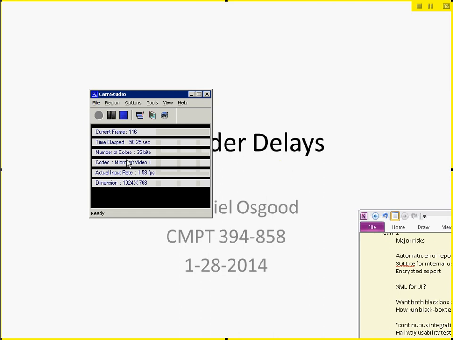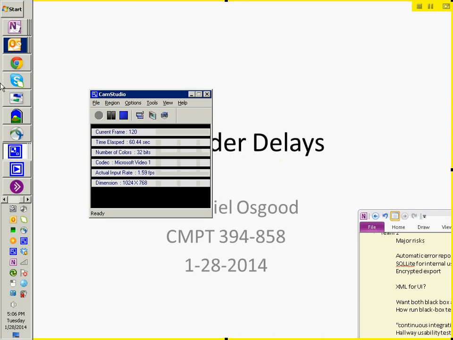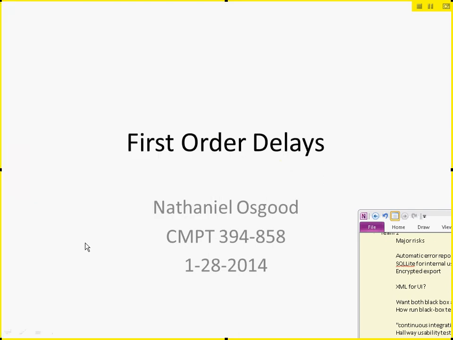Good. So in today's lecture, we're going to be discussing a core building block of stock and flow simulation models, a pattern that one will see in virtually every system dynamics model, and it's termed a first-order delay.